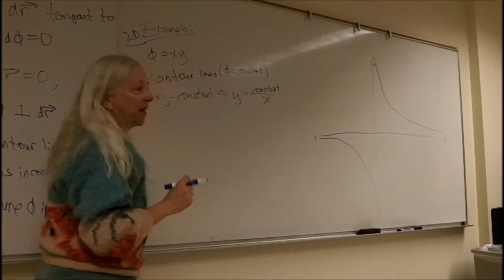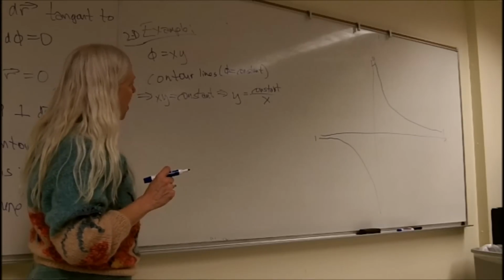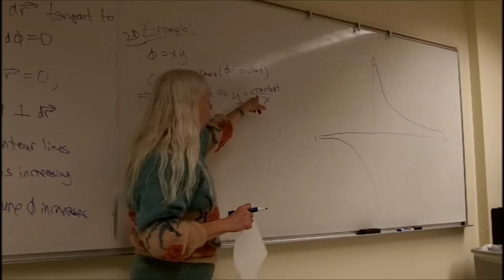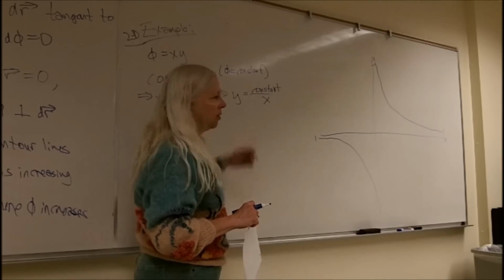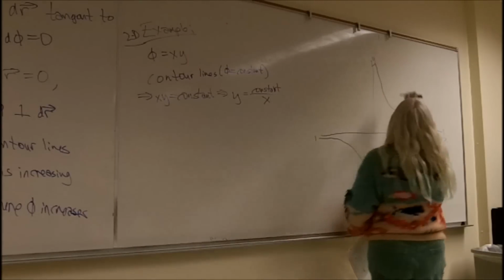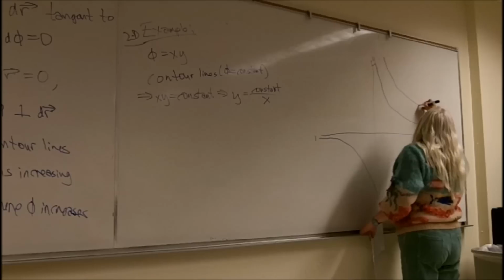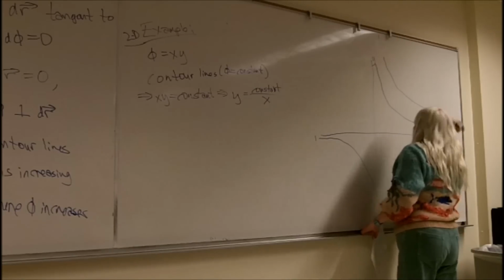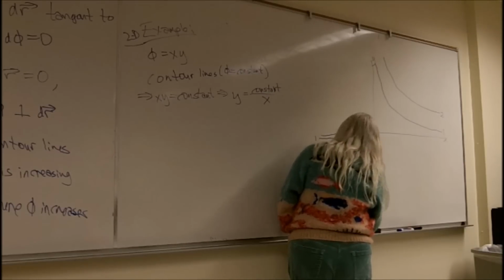If x is negative, y is negative also. So that's a graph of the curve y equals 1 over x. I could use a different constant. What if the constant is 2? I could draw a graph of y equals 2 over x. That looks maybe something like this, and another piece down here.